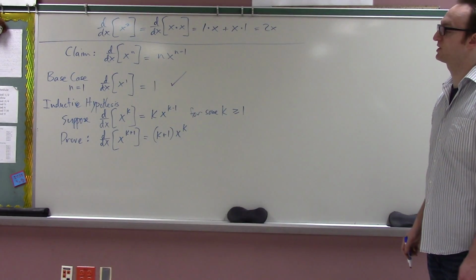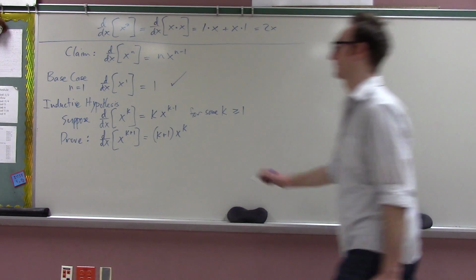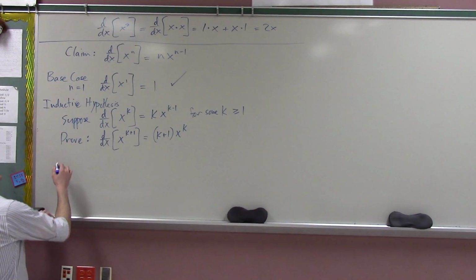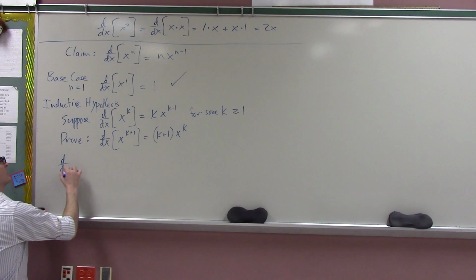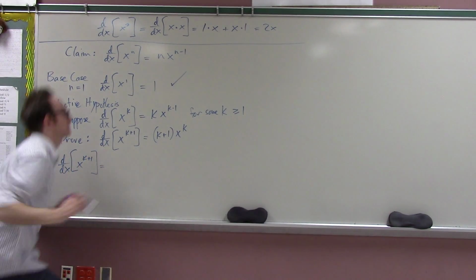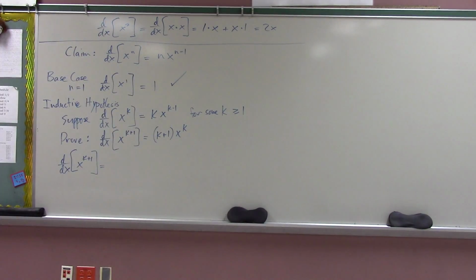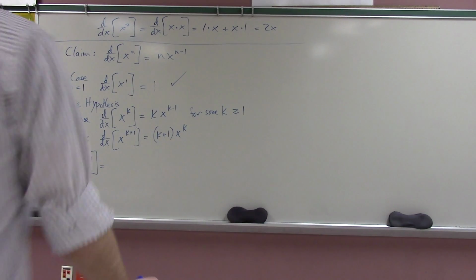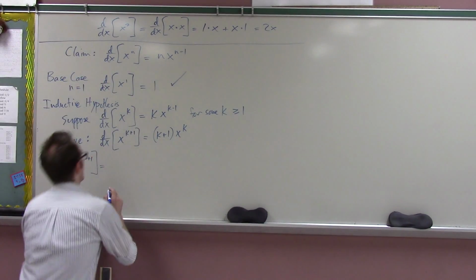All right, assuming you're with me, now we'll just do it. So here comes the proof. We will take the derivative of x to the k plus 1, and we will hope to show that it is indeed that. And I will use just the product rule.